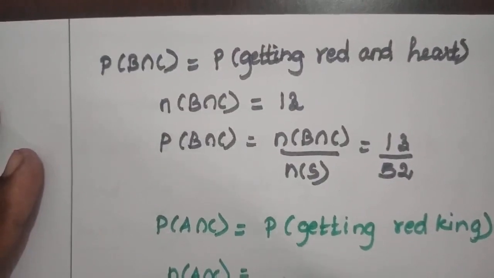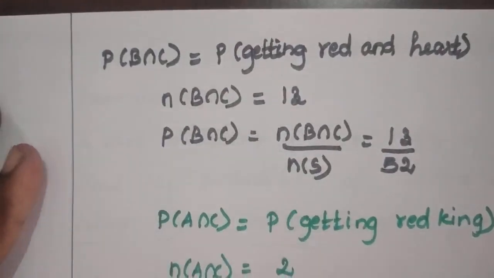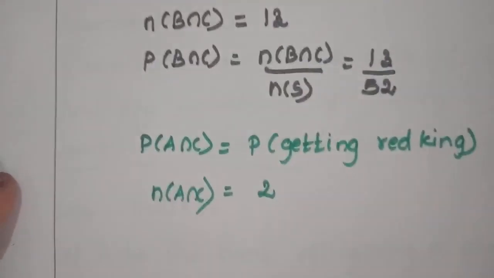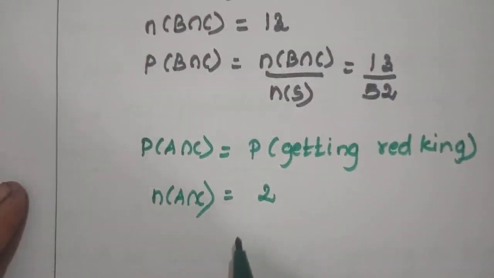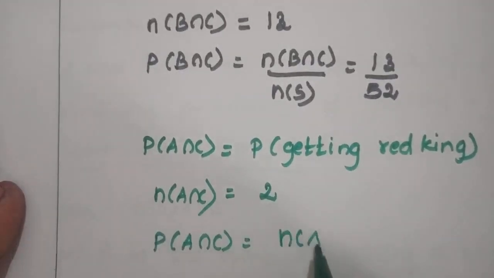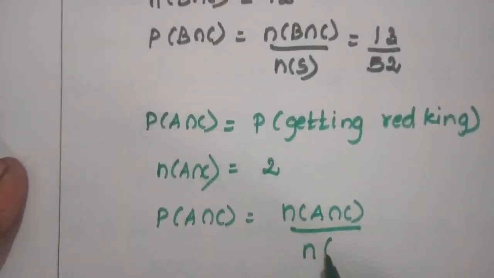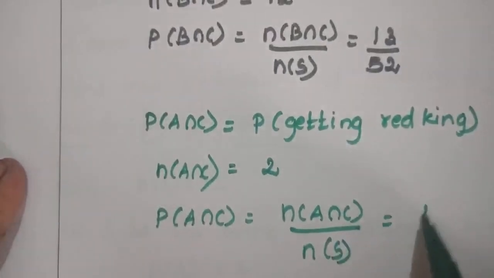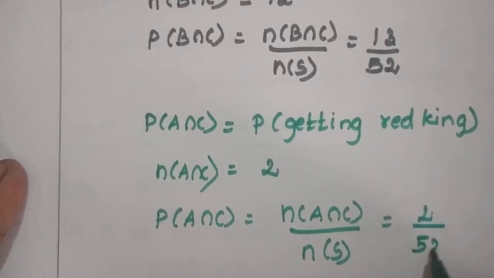Yes, n of A intersection C is 2, because there are 2 red color kings in a pack of 52 cards. Now P of A intersection C is equal to n of A intersection C divided by n of S. Now we can substitute the values here, 2 by 52.